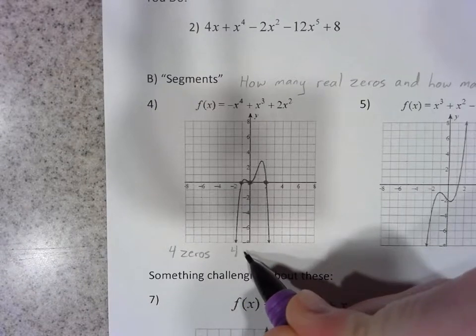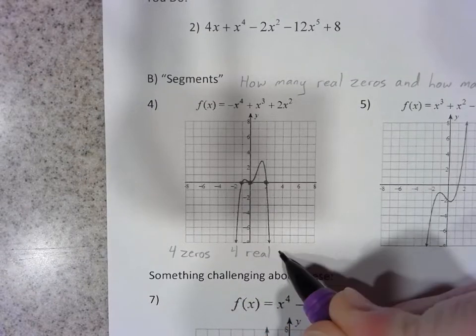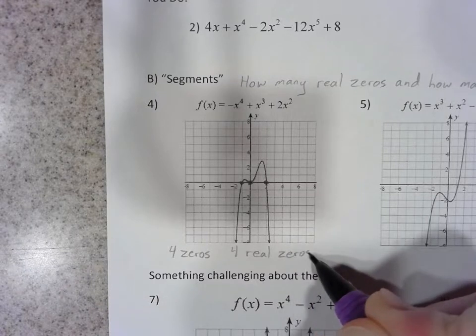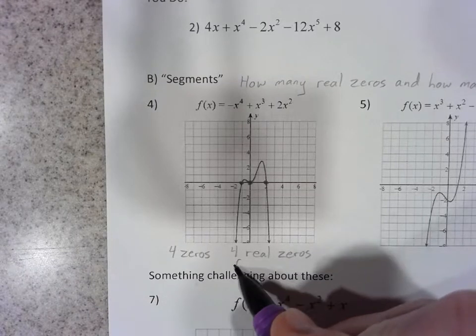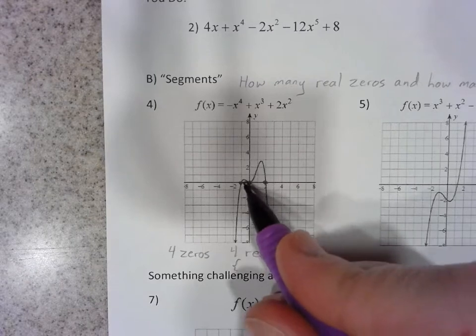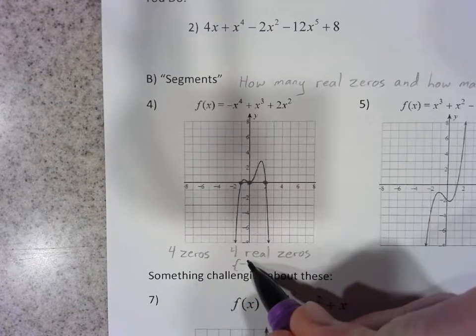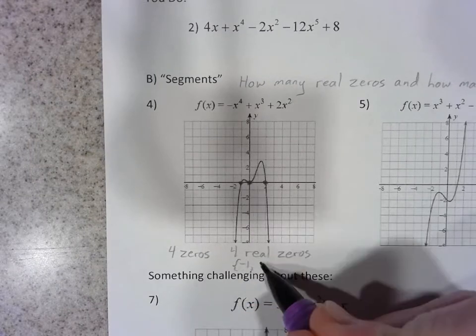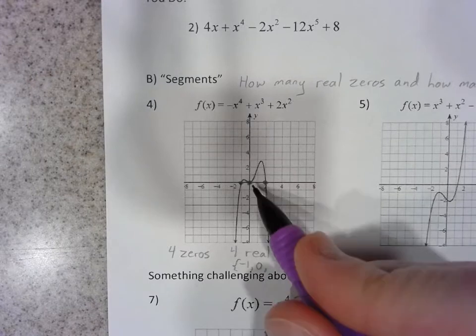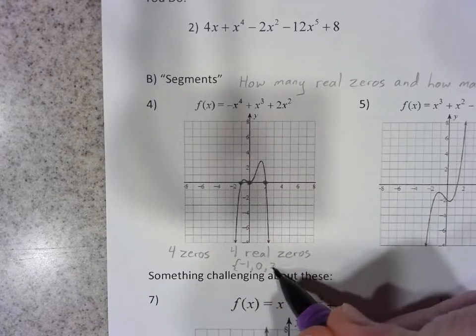4 real zeros. And sometimes you'll see this written in sort of braces. We see that we've got -1 is a zero, 0 is another one, and +2 is the third one.